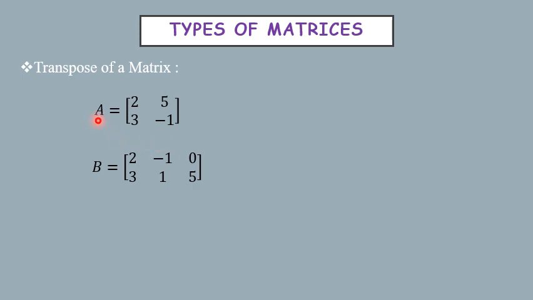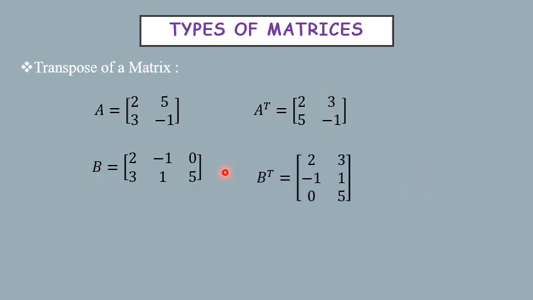So the transpose of matrix A, A transpose, is equal to this one. So here 2 5 is our first row, which becomes the first column in its transpose, and 3 minus 1, which is the second row in A, becomes the second column in its transpose. Okay, now here the transpose of matrix B, B transpose, is equal to this one.